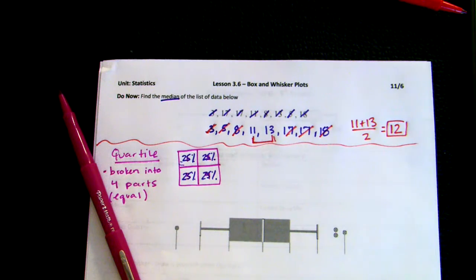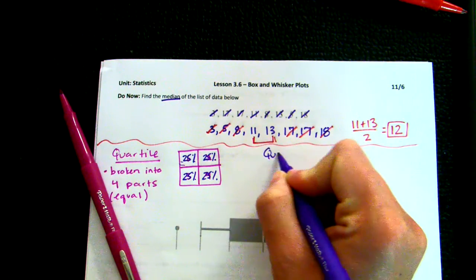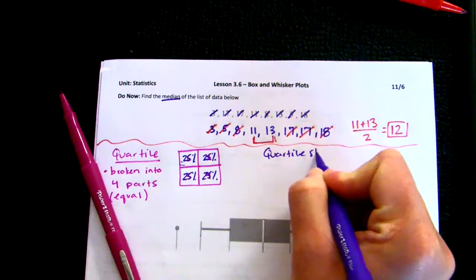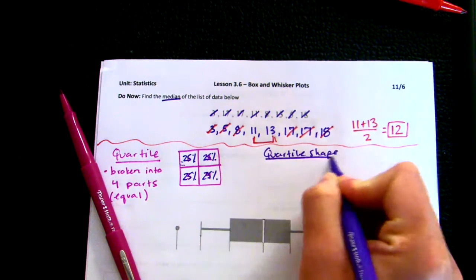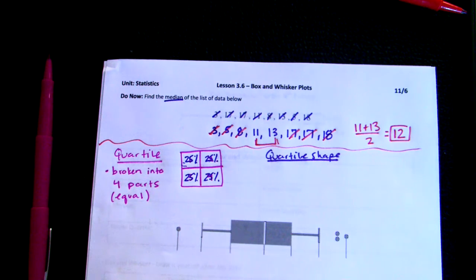So what I want you to do next is draw an example of your own quartile shape. Essentially, draw a shape that you break into 4 parts where 25% of your data is in each one. It can be any shape, and the quartiles can be broken up into 4 sections as long as they are all equal. I'll give you a minute to do that.